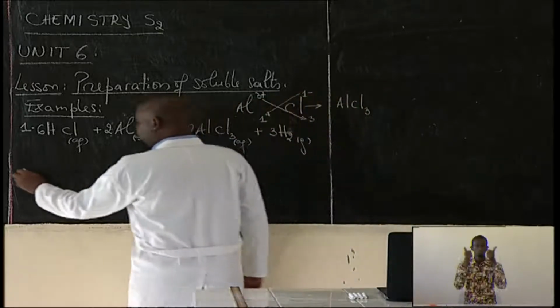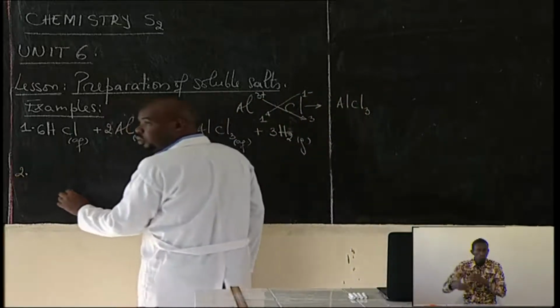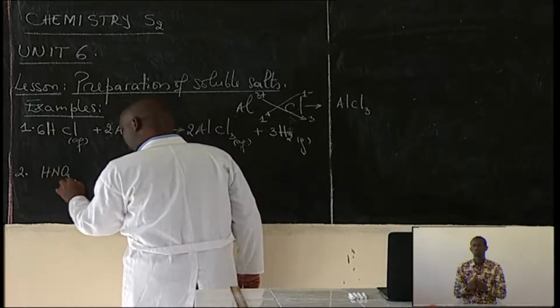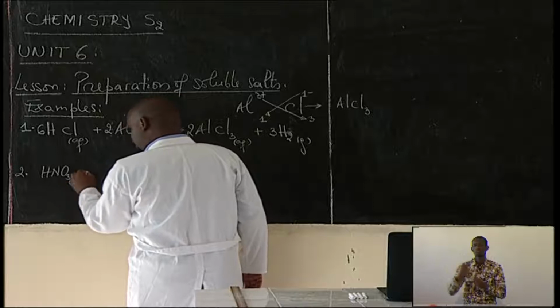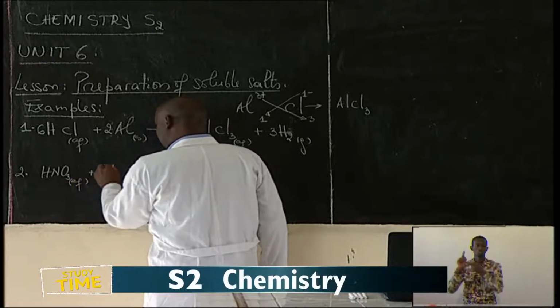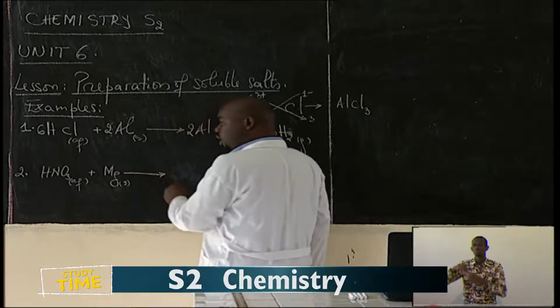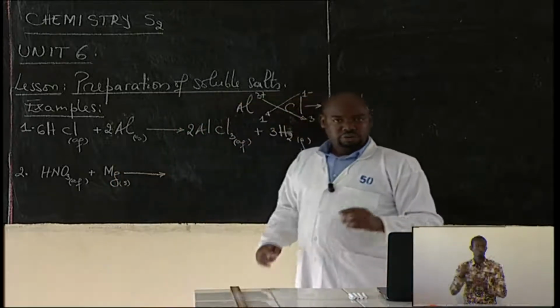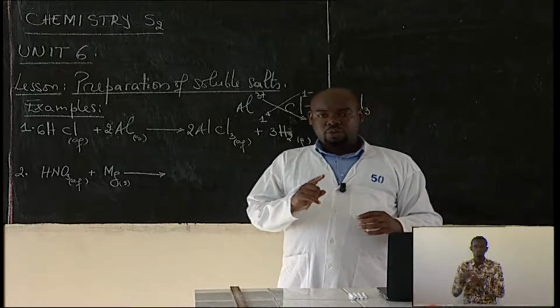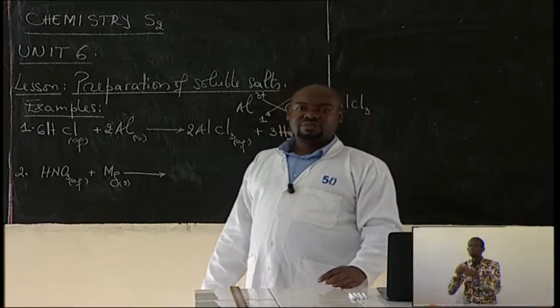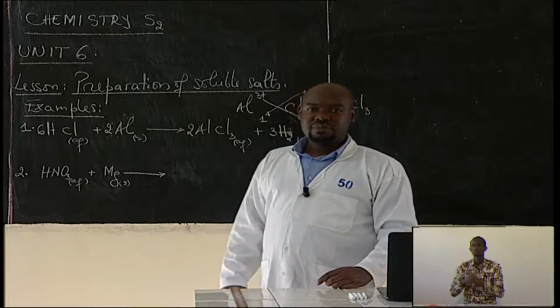We go to the next. We have nitric acid, it's this one, in aqueous state, plus magnesium in the solid state, and we produce. Do you know what we produce? The name is magnesium nitrate. How is it written?